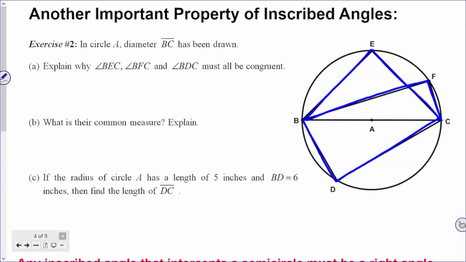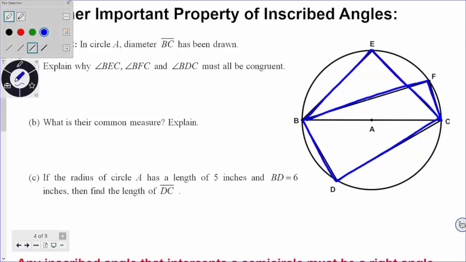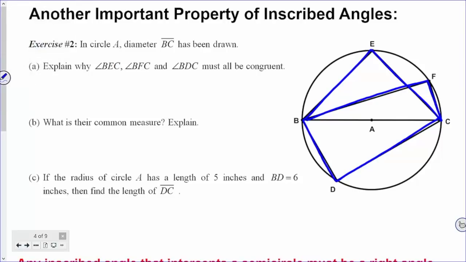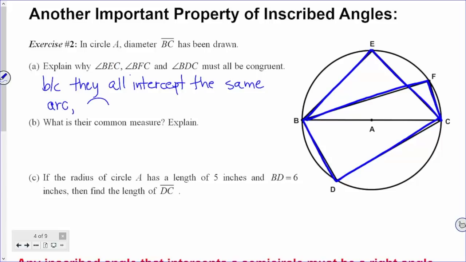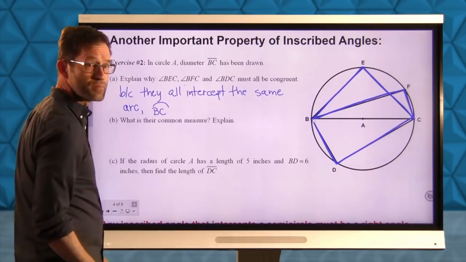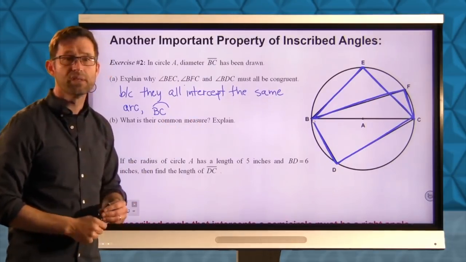Well, this is great because they must be equal, because they all intercept the same arc BC. Right? They all intercept arc BC.